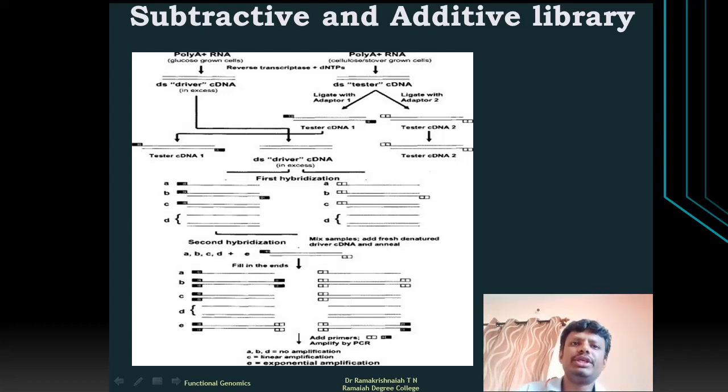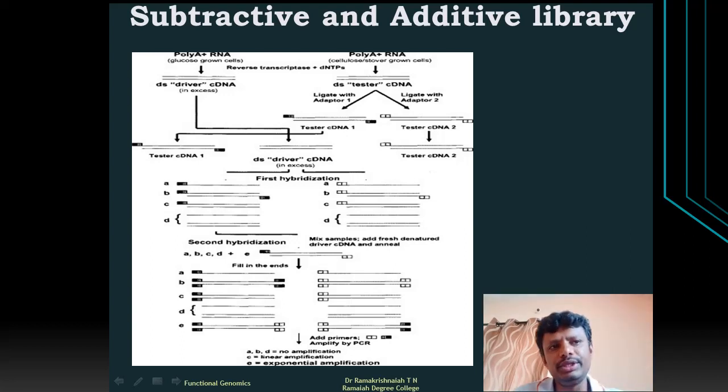For this, five steps are used. One is choosing the material, second is producing the tester and driver, then hybridizing them. The most important and difficult part is producing the tester and the driver, then hybridizing them, removing the driver-tester hybrids, and the excess driver is subtracted, and the remaining molecules will be collected. Got it?